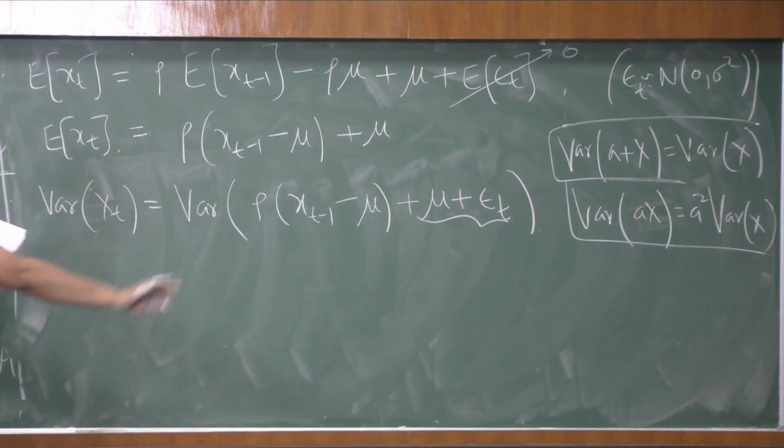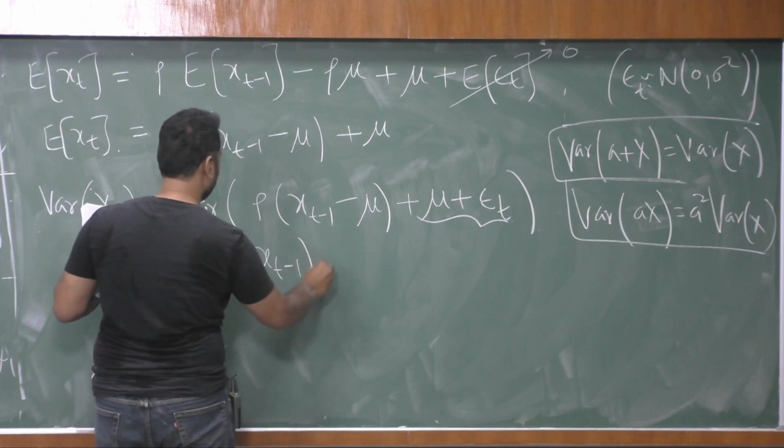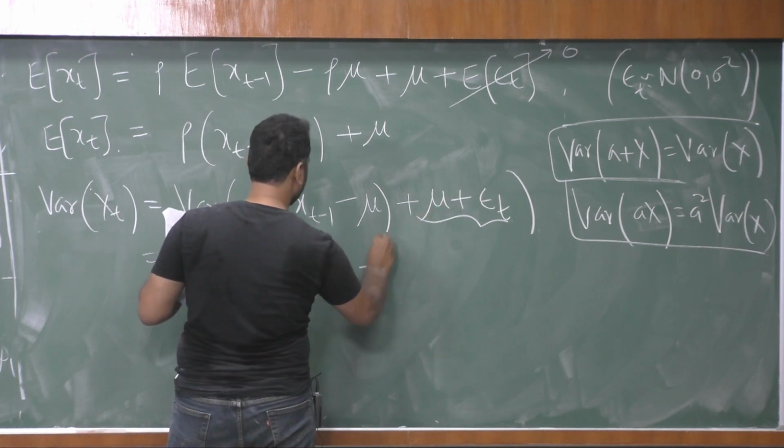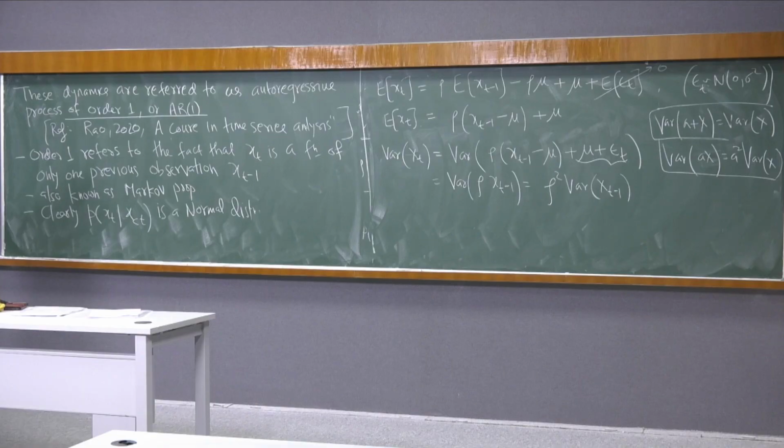So rho, mu and the like are all constants, so in the variance they will not contribute. So this will be essentially the variance of rho xt minus 1, from which rho squared comes out, so this is the variance of xt minus 1. Oh, I made a mistake.